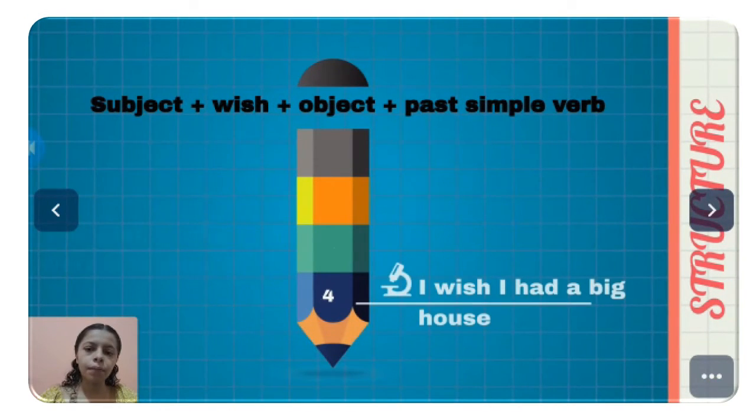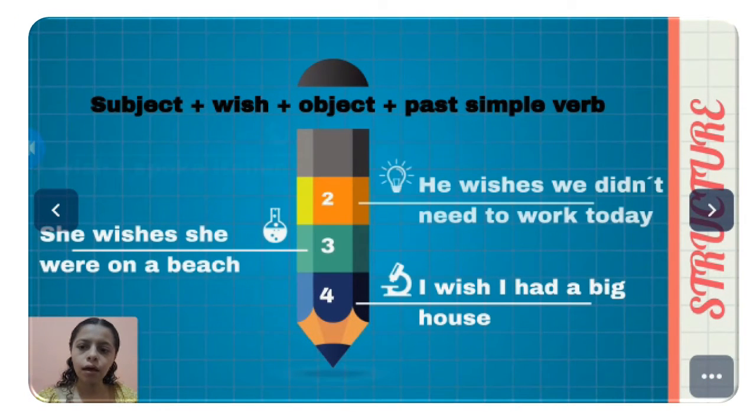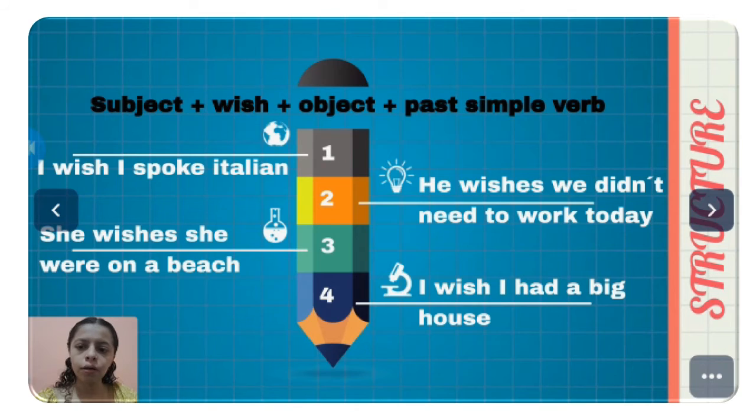It is very important that when the original sentence is affirmative, you must change it to the negative form. When the original sentence is in the present, go back to the past, and if it is the past, go to the past perfect.